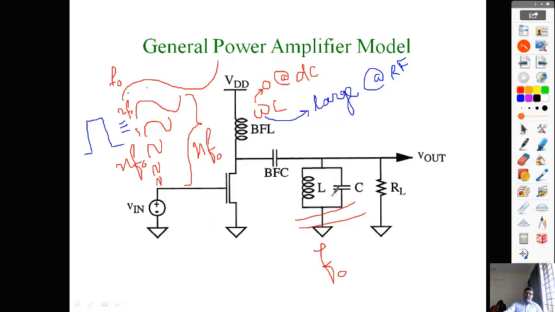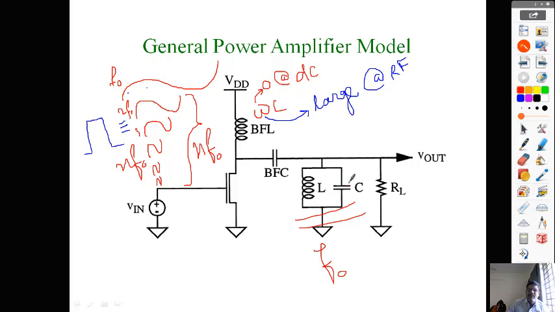When the tank circuit is designed for F0, the fundamental frequency, then this tank circuit only allows the sinusoidal component corresponding to the frequency F0, whereas all other frequencies will be in non-resonant conditions. Therefore, those harmonic components are not going to be allowed by this tank circuit.